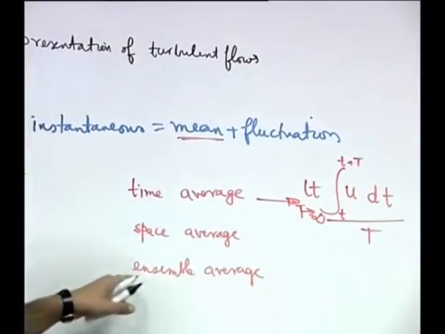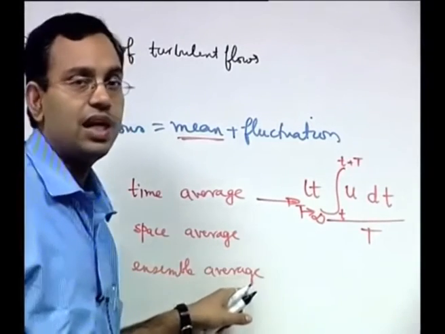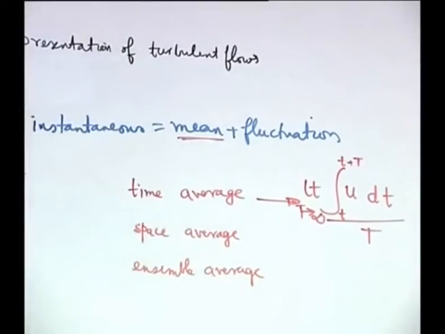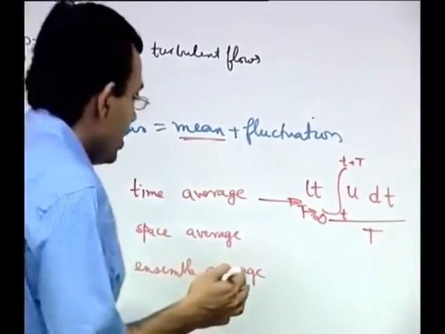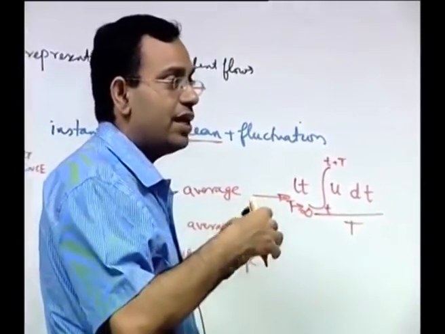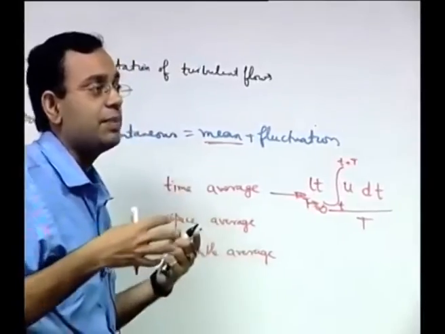And the third one is the ensemble average. Here you do a hugely large number of repeated experiments, and then you find the statistical average of those repeated experiments.